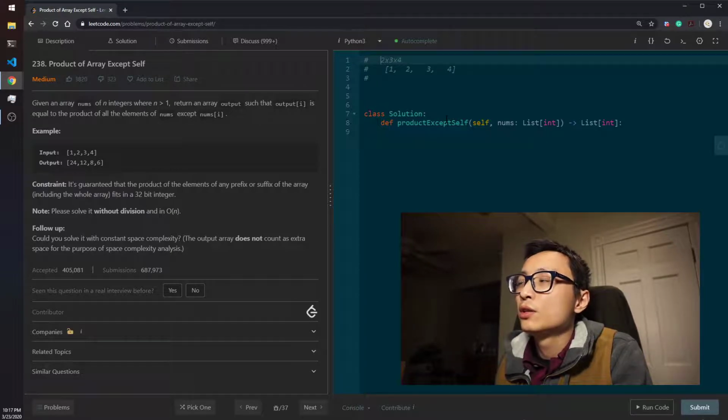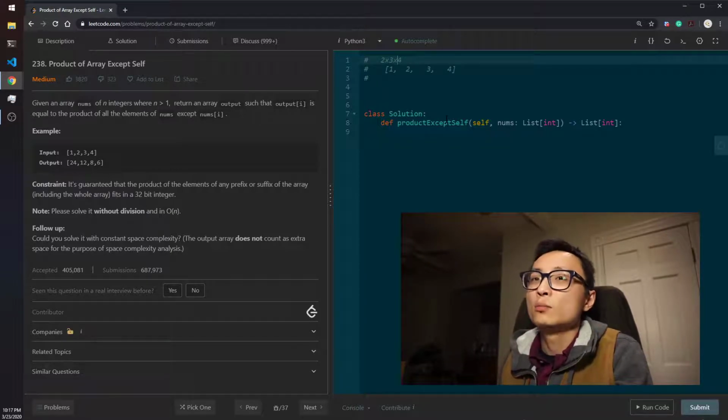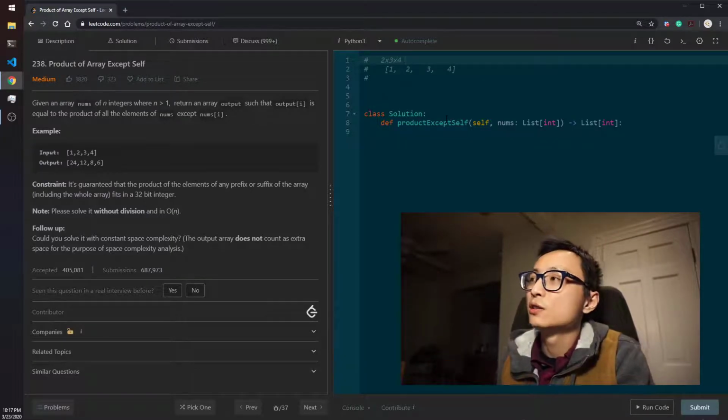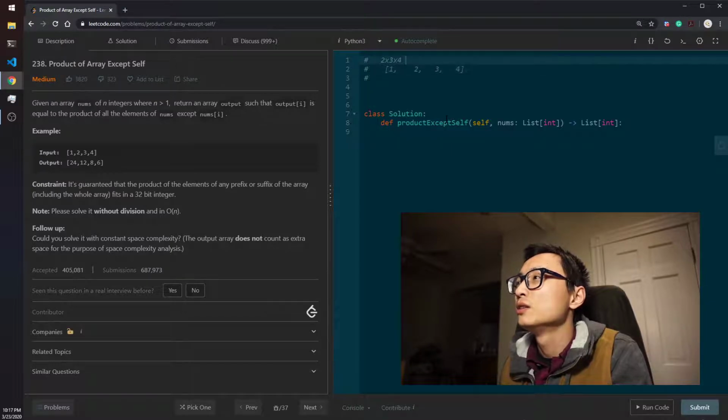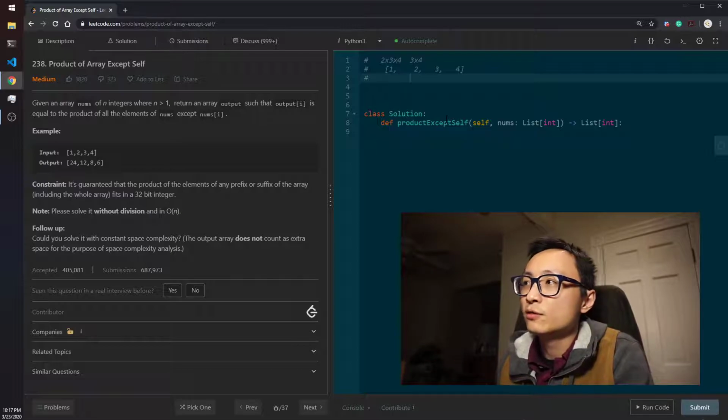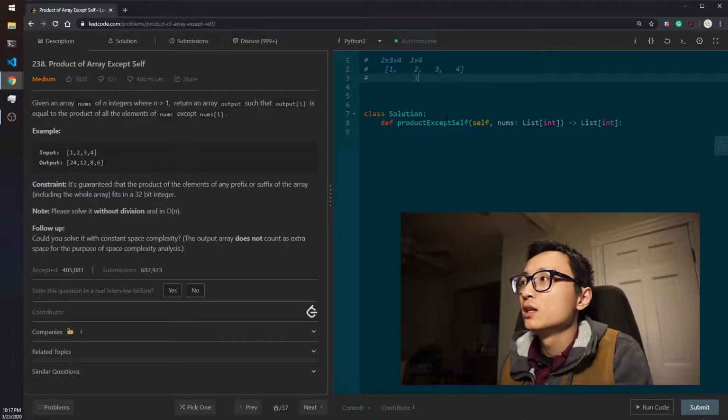That's literally the accumulated product of every element to its right, because it's the element's own location that is excluded. For 2 here, the output is 3 multiplied by 4, the accumulated product of all the elements to its right, and also multiplied by 1 here.